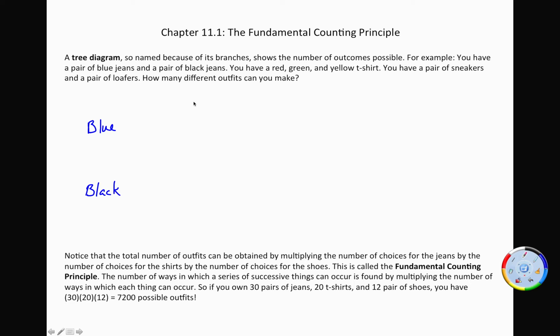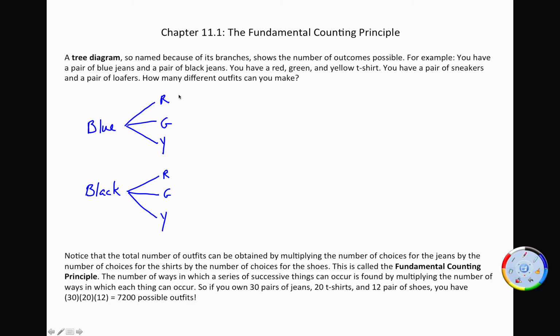Okay, and then I have three shirts, red, green, and yellow, meaning with my blue jeans, I can wear a red shirt, a green shirt, or a yellow shirt. And with my black jeans, I can wear a red shirt, a green shirt, or a yellow shirt.